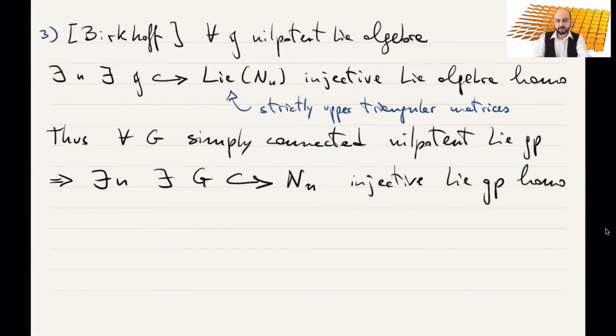So Birkhoff's theorem, in other words, says that if you want to study simply connected Lie groups, it's enough to study subgroups of this nilpotent linear subgroup.